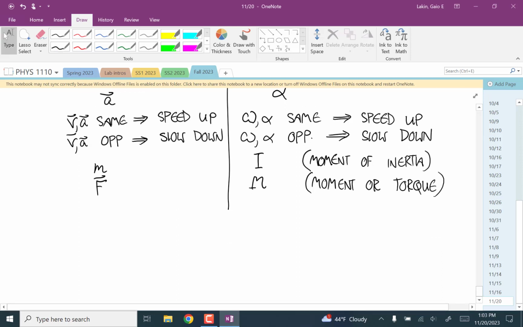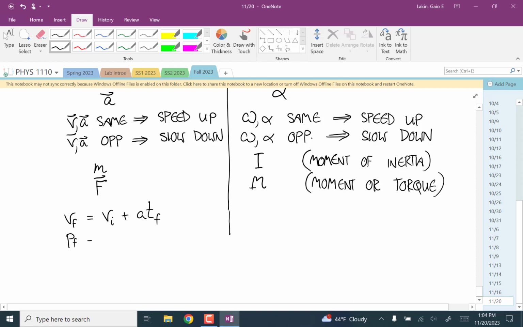And there are also these relationships that we know for translational quantities. V final is equal to V initial plus A t final.